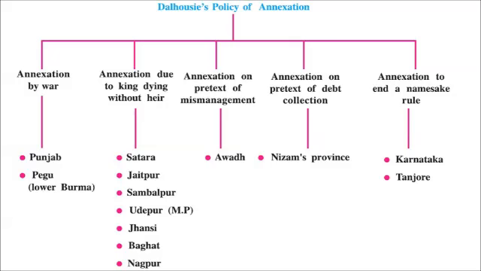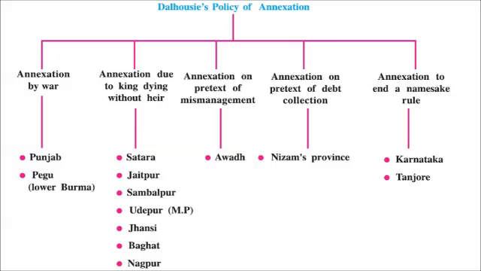And then there was Karnataka and Tanjore, which he annexed to end a namesake rule. That is, namesake means the kings were carrying forward their rule just for the sake of it. So he took away those properties also. So these were all baseless reasons, but yet he carried out this policy and he was successful.